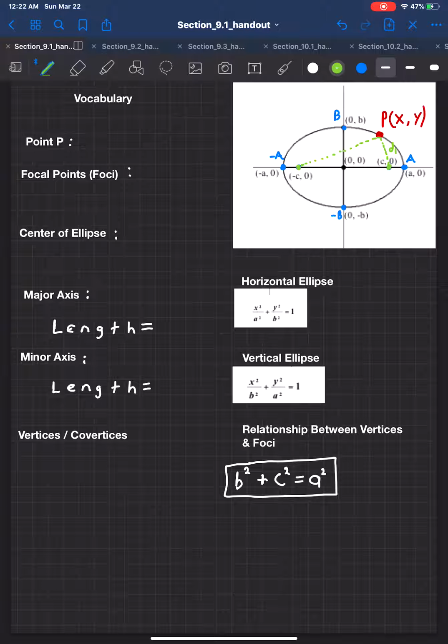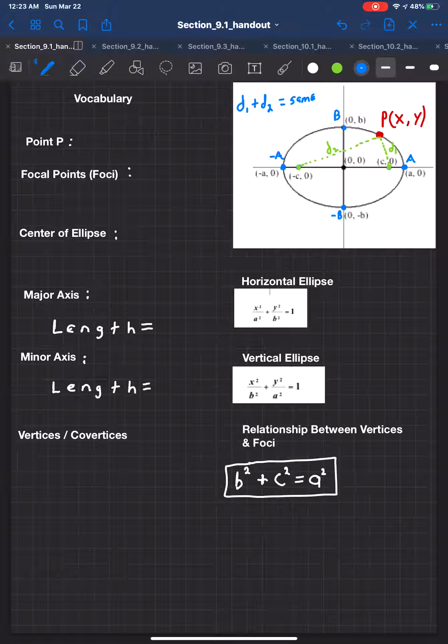And the distance from point P to the second focal point, we'll label D sub 2. As you travel around this ellipse, D sub 1 and D sub 2 are constantly changing, since the distances are different depending on where you are on the ellipse. But what that definition says is the sum of the distances is always the same.